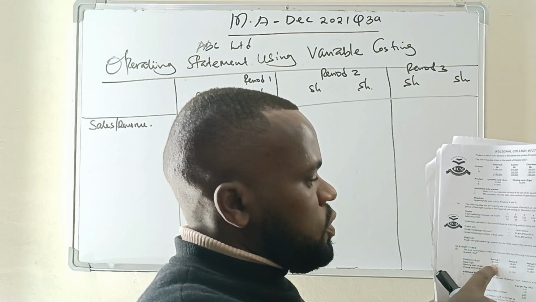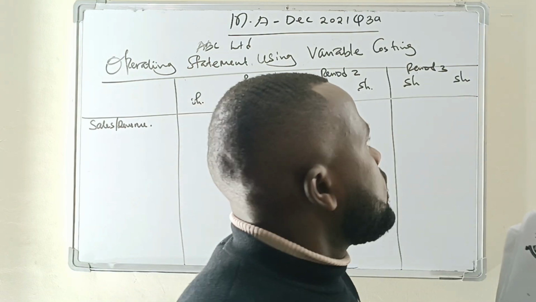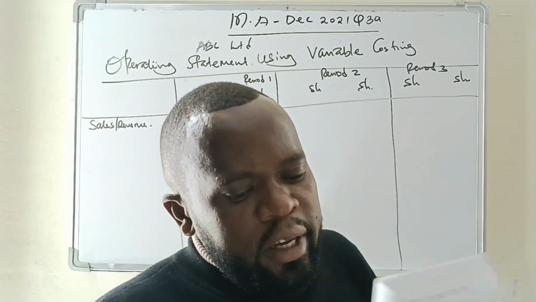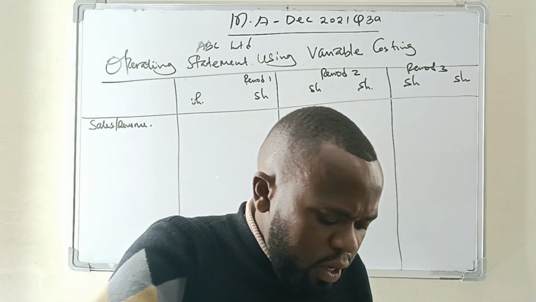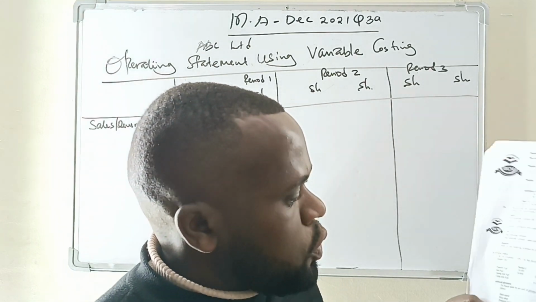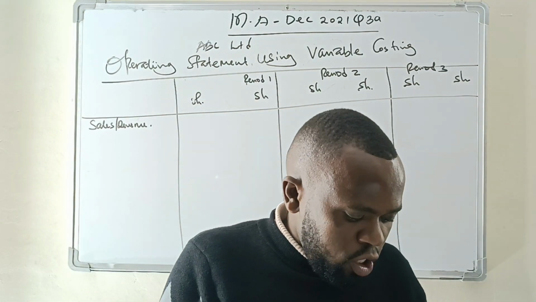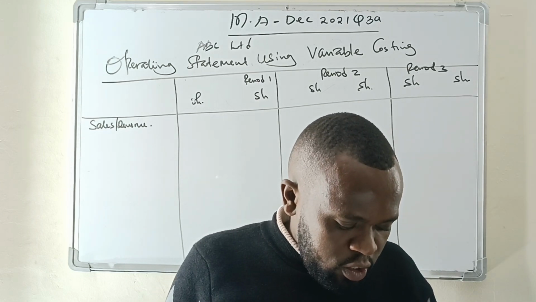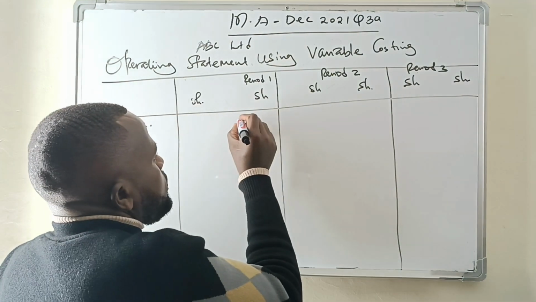The units sold are 30,000, 27,000, and 38,000. In period 1, the sales in kilograms are 30,000, multiplied by the selling price of product Z, which is 9 shillings per kg. Because 1 kilogram is 9 shillings and they sold 30,000 kgs, we have 270,000.